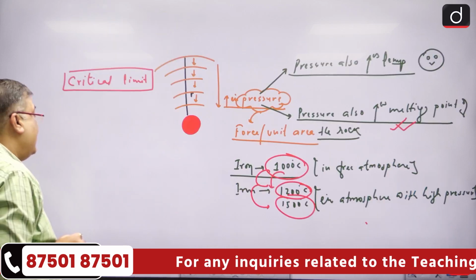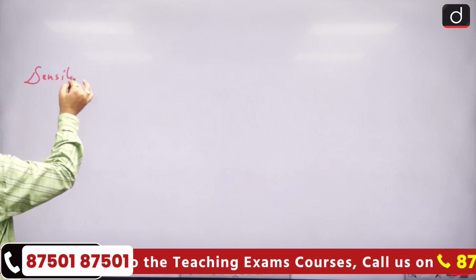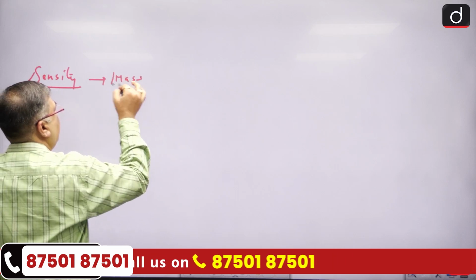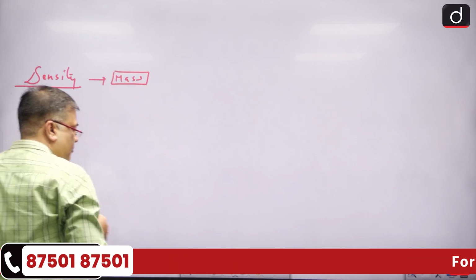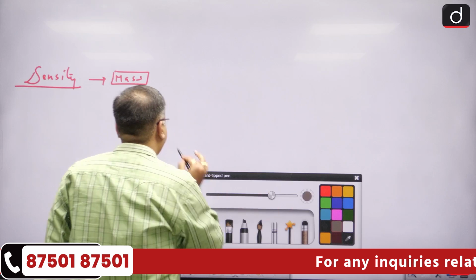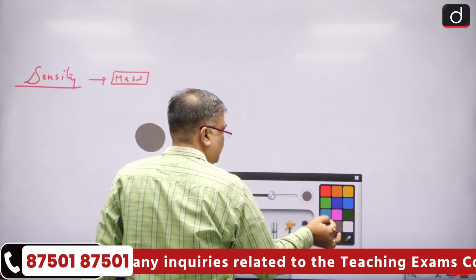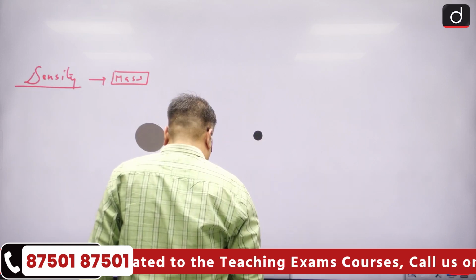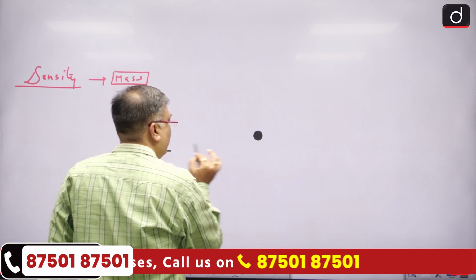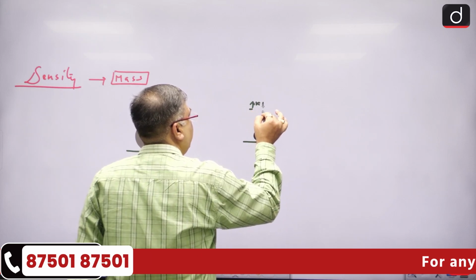Now, what is the meaning of density? When we say density, it talks about the mass. Just take one example. Suppose we have 1 kg of iron and 1 kg of cotton, and we put them on a weighing machine.